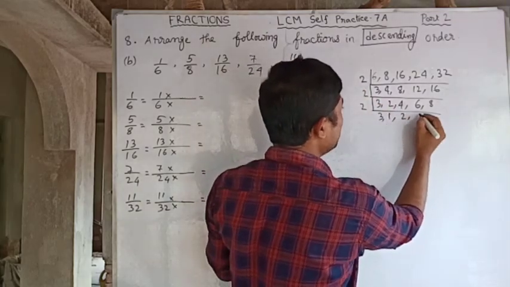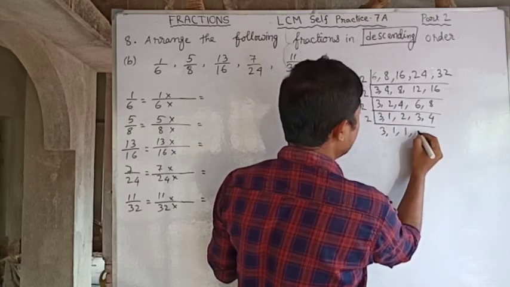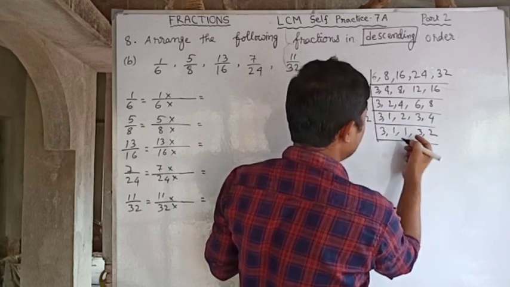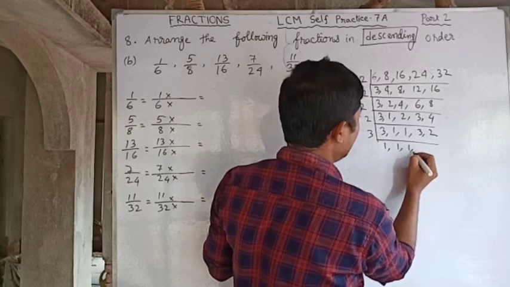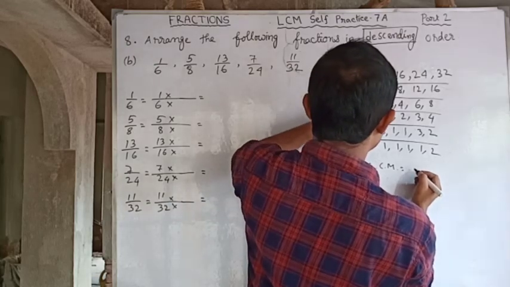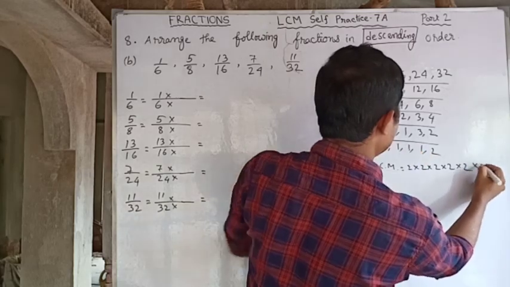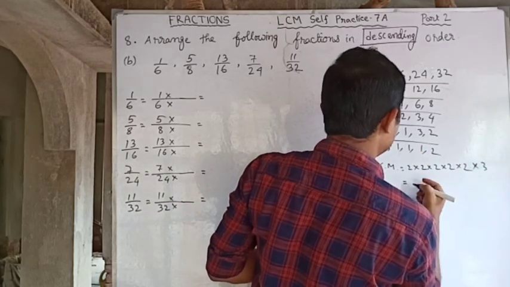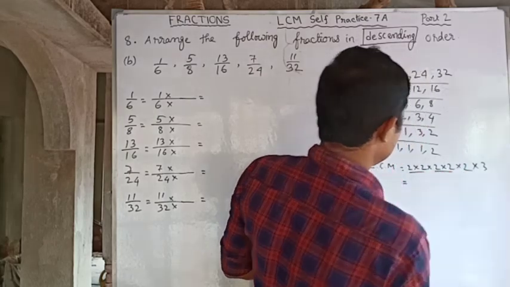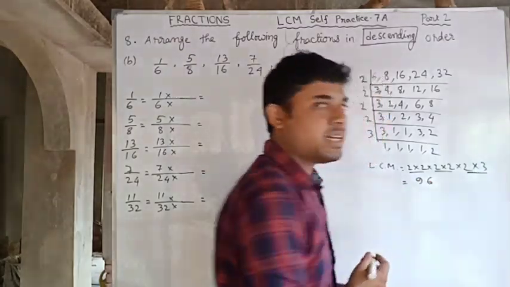Next 1, 2, 3, 4. Again by 2: 3, 1, 1, 3, and here 2. Now by 3: 1, 1, 1, 1, 2. So what is the LCM? 2 × 2 × 2 × 2 × 2 × 3, that is 4, 4 4s are 16, 16 × 6, so 96 is the LCM.